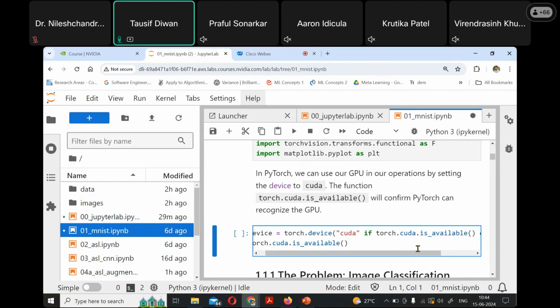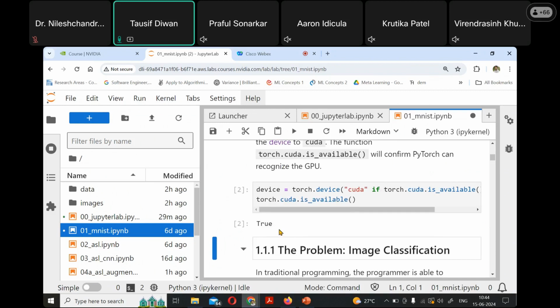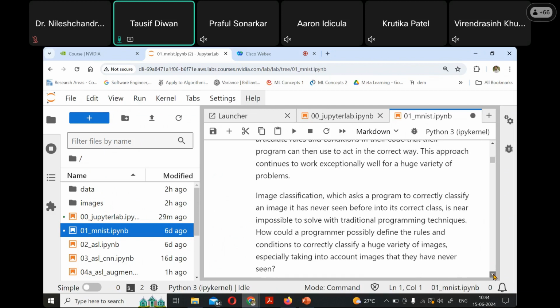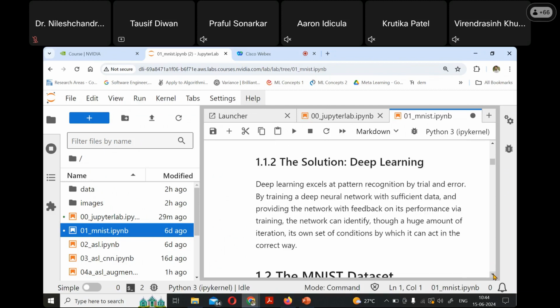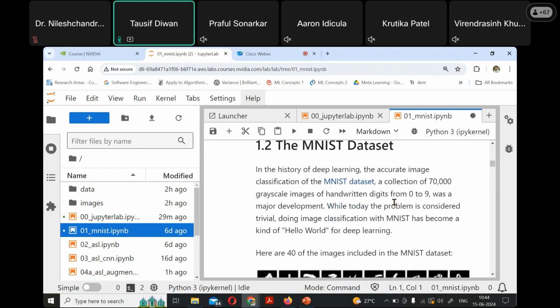If it returns false, then we will use CPU. And we will just print whether CUDA is available or not. See, if it is returning true, it means that CUDA is available for our use. GPU is available. Okay, so this is the problem, and the solution is deep learning.